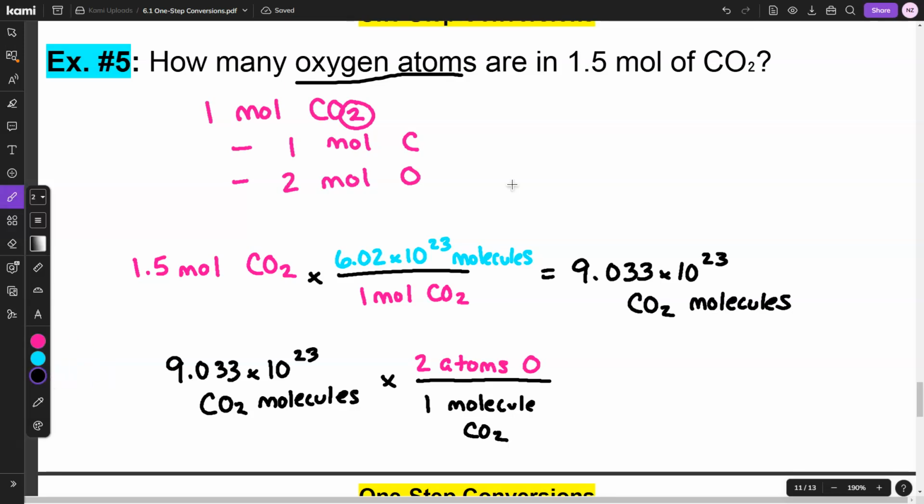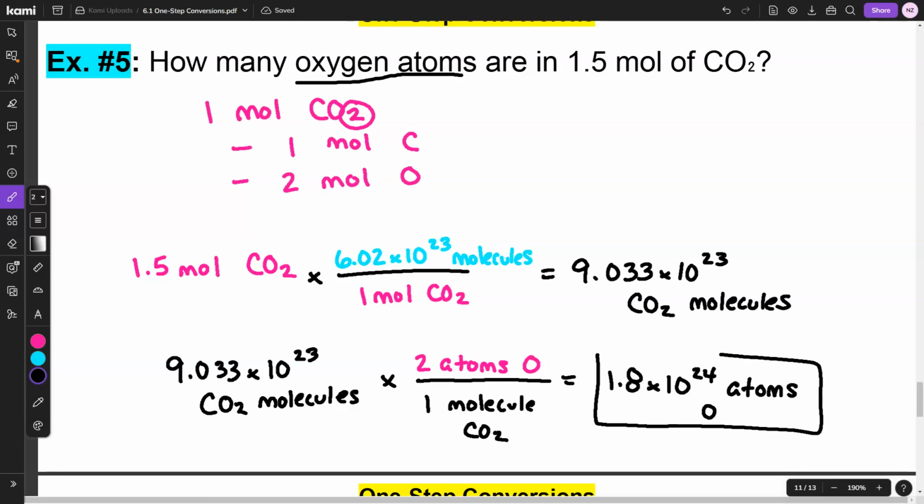So I'm basically going to take my number and multiply it by 2, and I am going to roughly get 1.8 times 10 to the 24th atoms of oxygen. So I had to look at the chemical formula to determine that there were 2 atoms of oxygen for every 1 molecule of CO2.